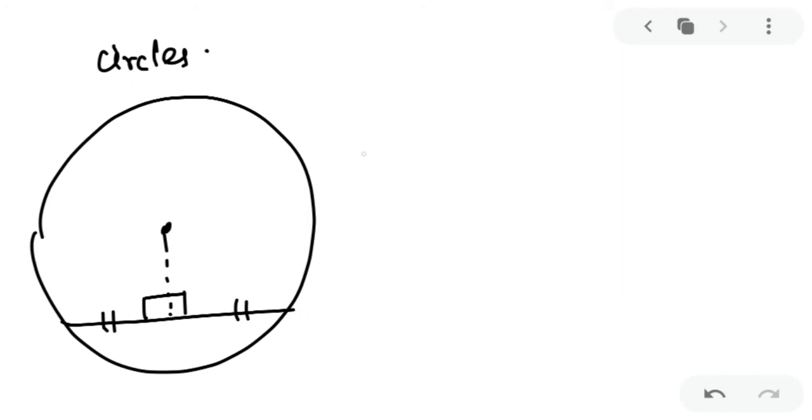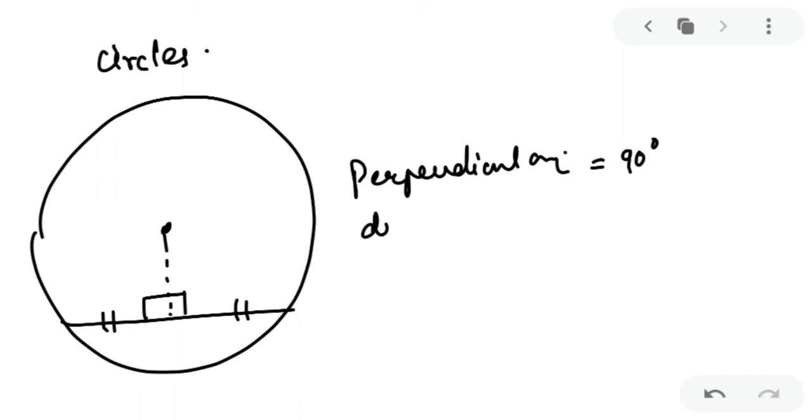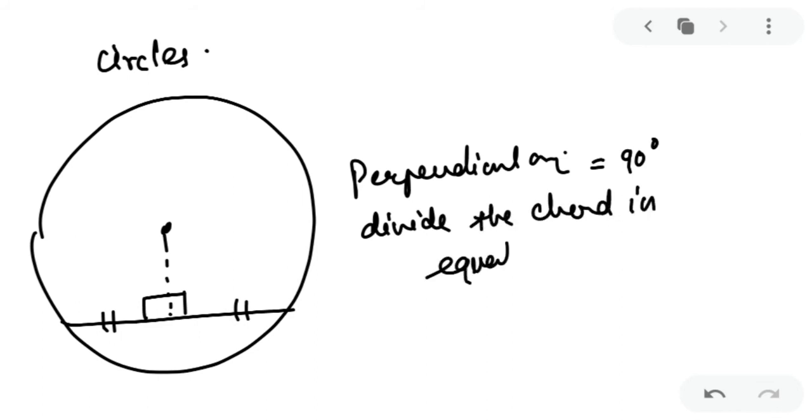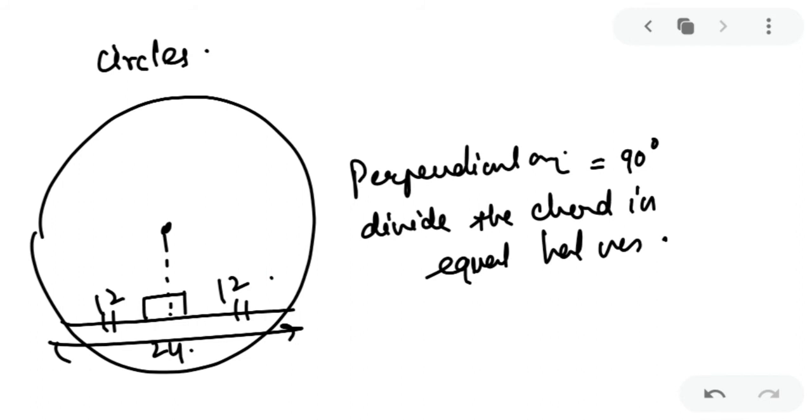Always remember, from a center to a chord, if you are drawing any line, then that will be perpendicular line. Perpendicular, that means it will be 90 degree and it will divide the chord in two equal halves. So if I am giving you this chord to be 24, this will become 12 and 12.